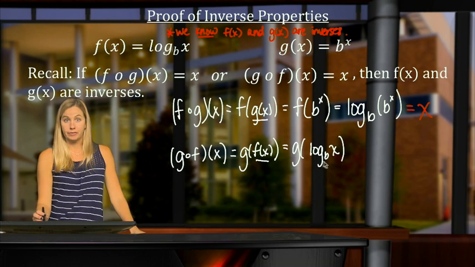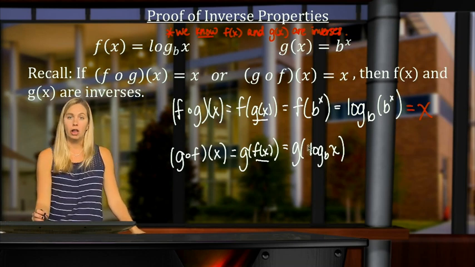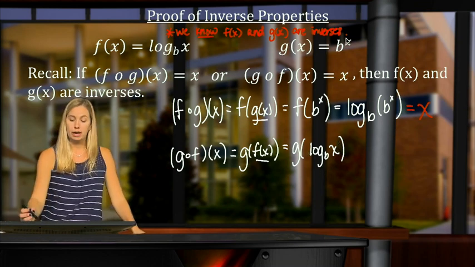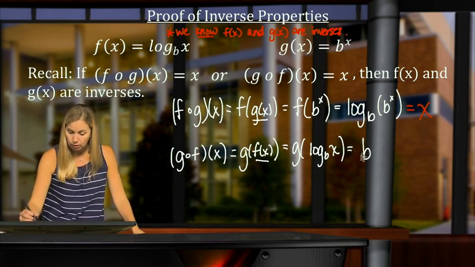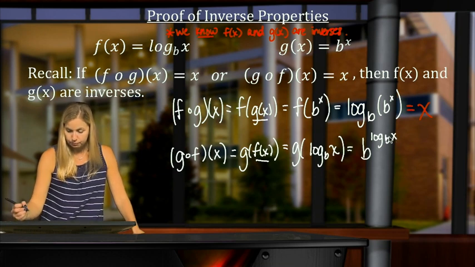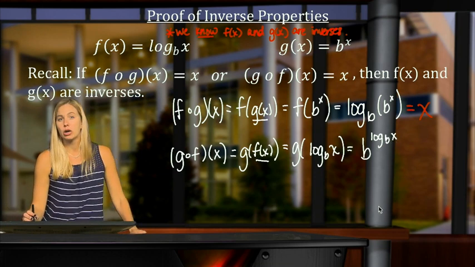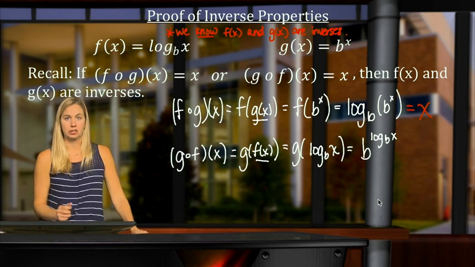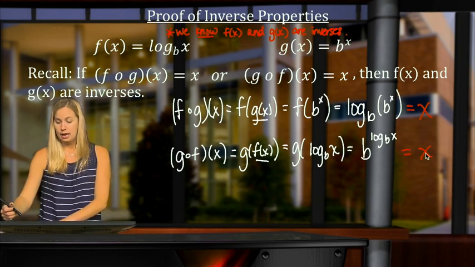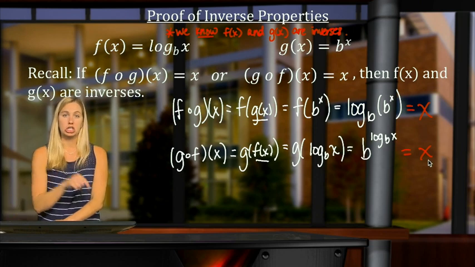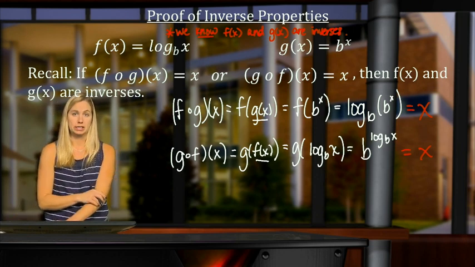And now this is the function notation telling me to plug in log base b of x everywhere I see an x in g. So what does that look like? That looks like b raised to the log base b of x. Again, since I already know that f of x and g of x are inverses, then this must equal x. And these are the two rules we just wrote down on that previous page.